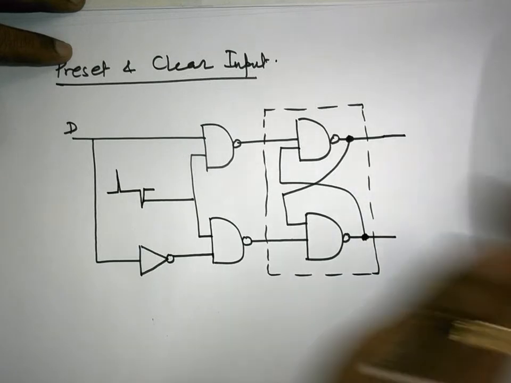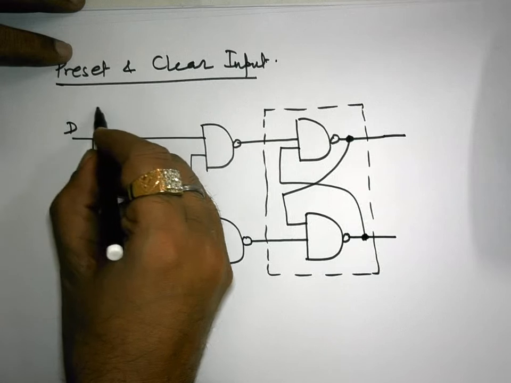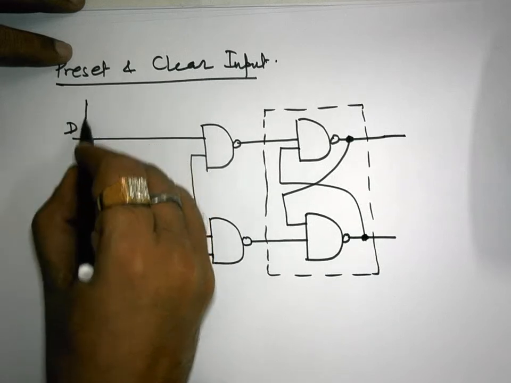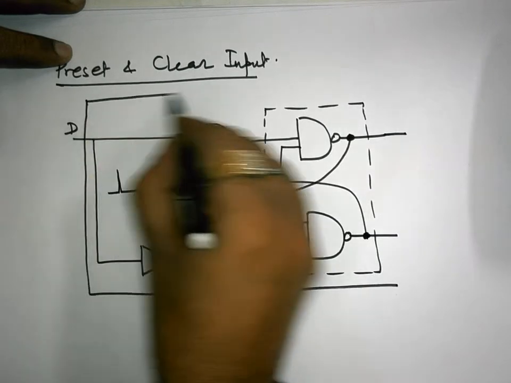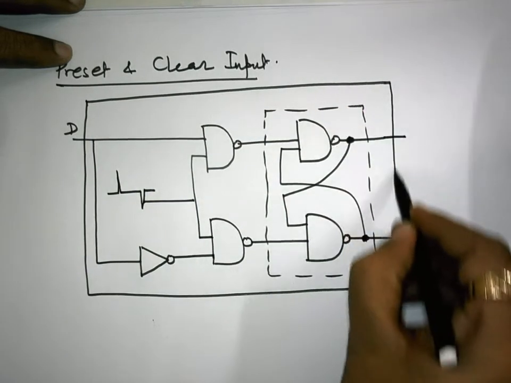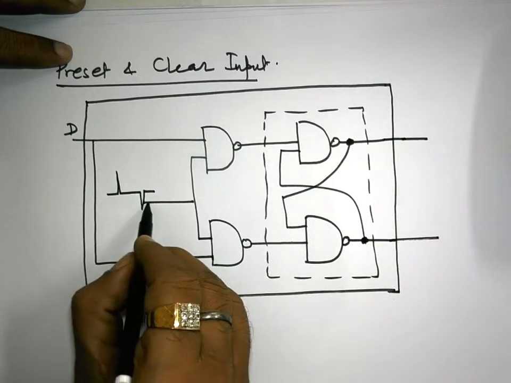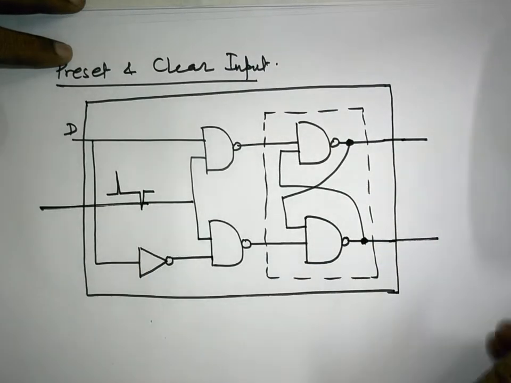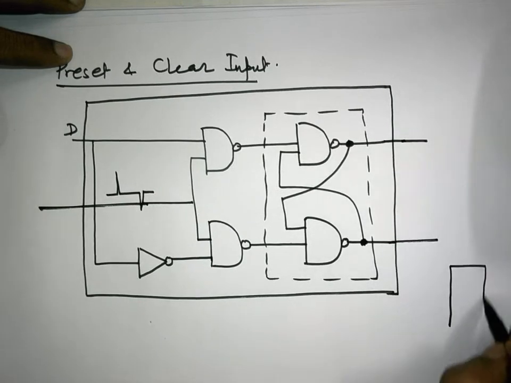Now this total circuitry of this D flip-flop, if we encapsulate it in one unit, then what input and output will I visualize? Now I am showing a single block like this.